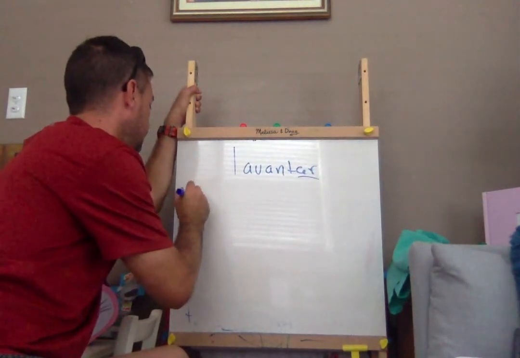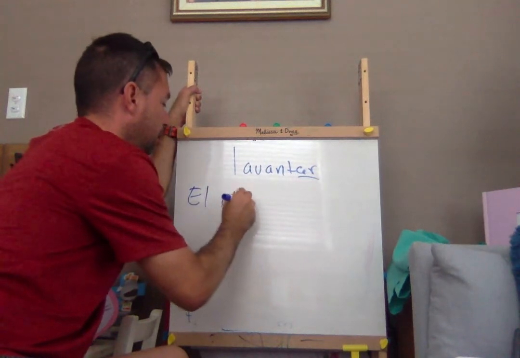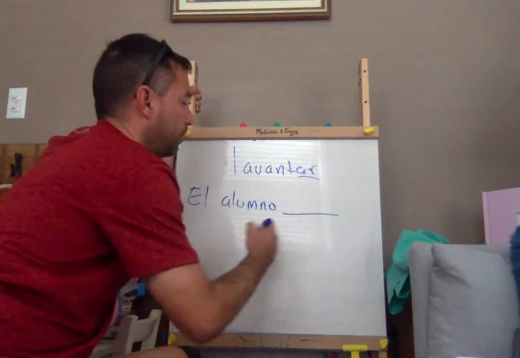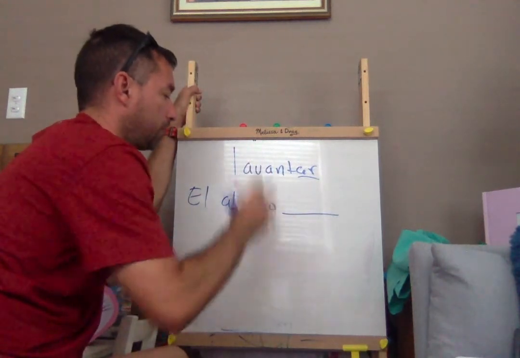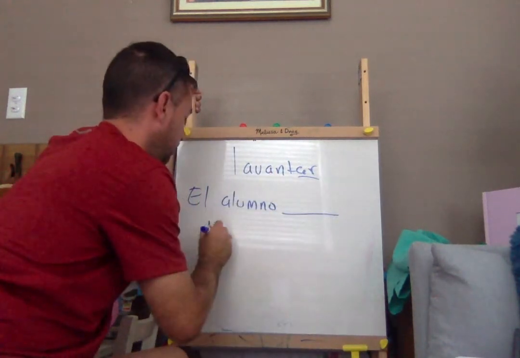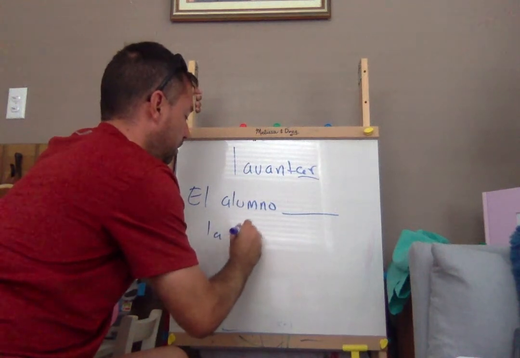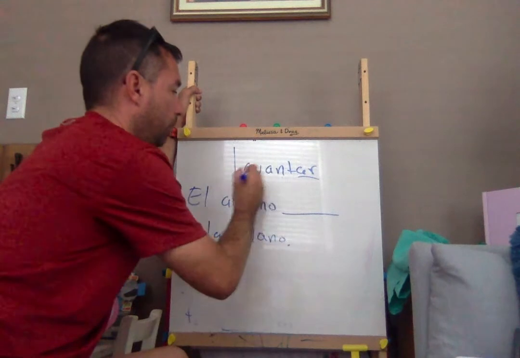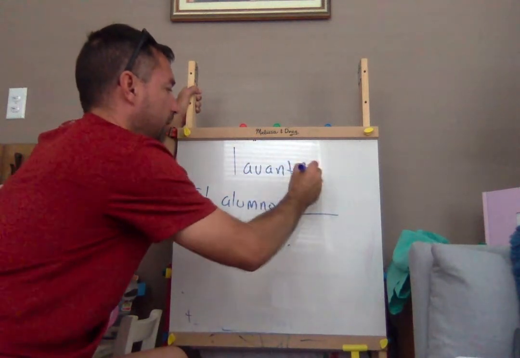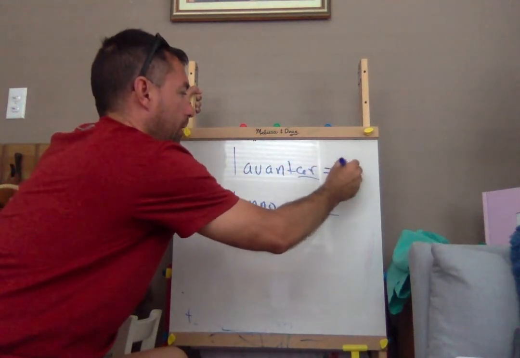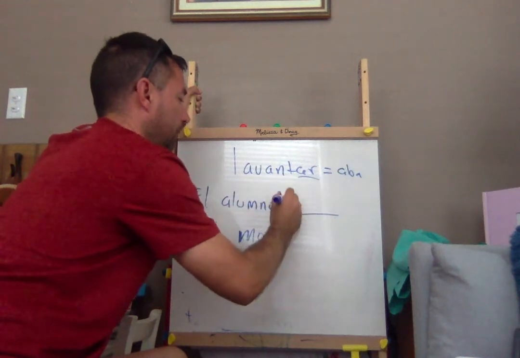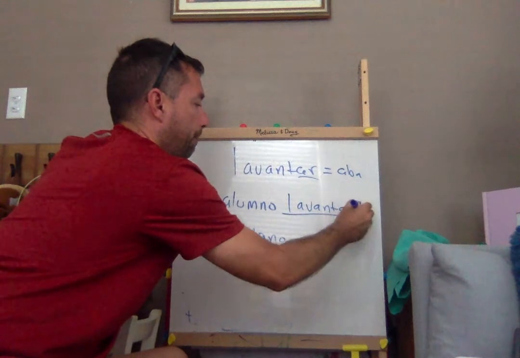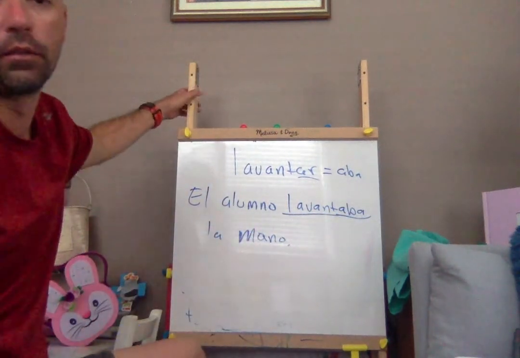So I would say el alumno, and then when you conjugate that, put that in here, raises her hand, la mano. So with the imperfect tense, this changes to the A ending. So it would be levantaba.